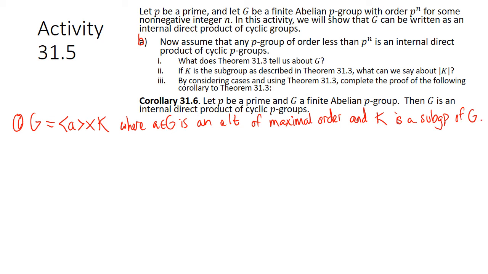Okay, so I think that's part 1. And then let us look at part 2. Okay, so if K is the subgroup as described in Theorem 31.3, what can we say about the order of K?